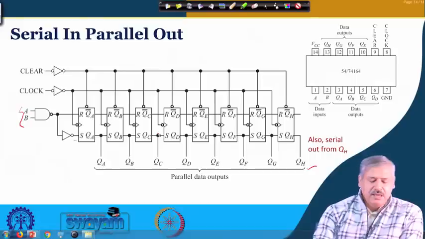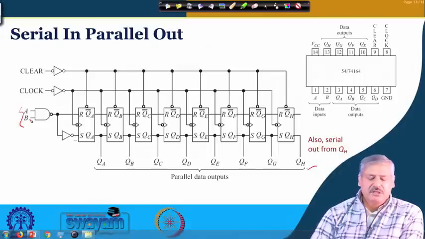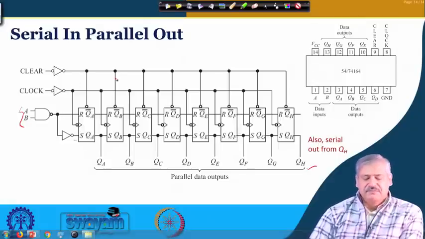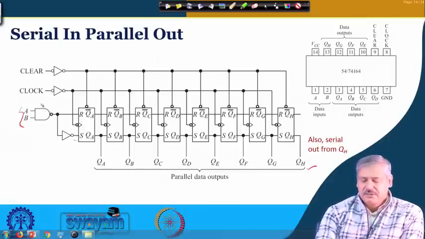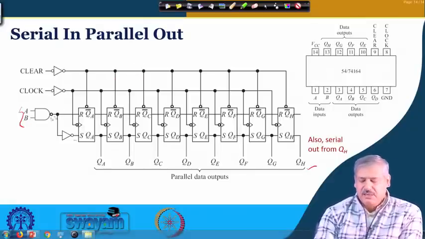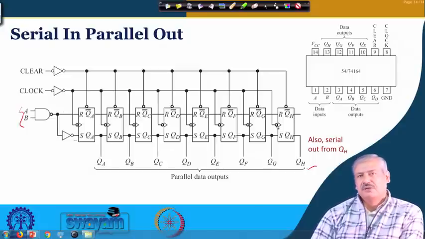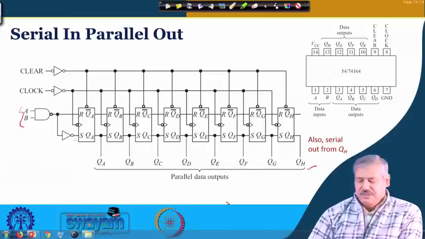And these A and B can interchange their roles. One can become the control input, the other can become the data input. And we have got an asynchronous reset, which is active low and common, and also a common clock. So, this is the way the circuit behaves.